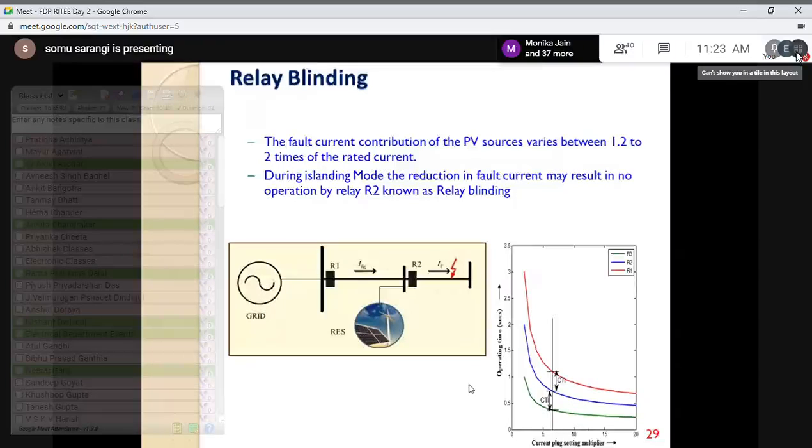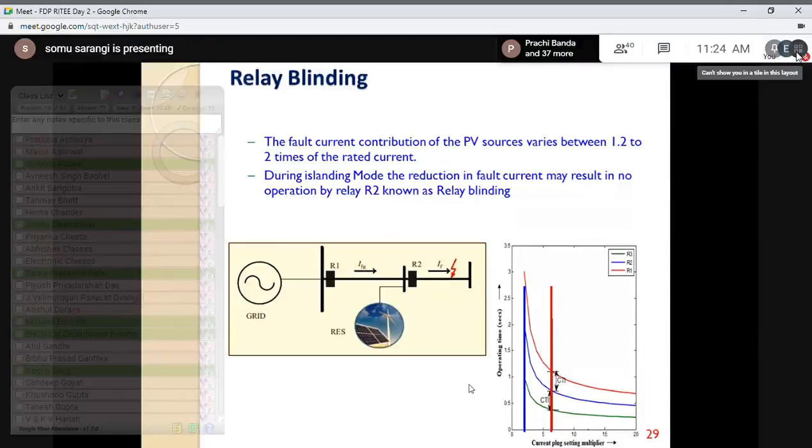If the voltage is maintained, then the current coming from the grid side will decrease. Earlier, when the renewable was not connected, the red line shown in this figure is the fault current, and because of that the relays are coordinated.